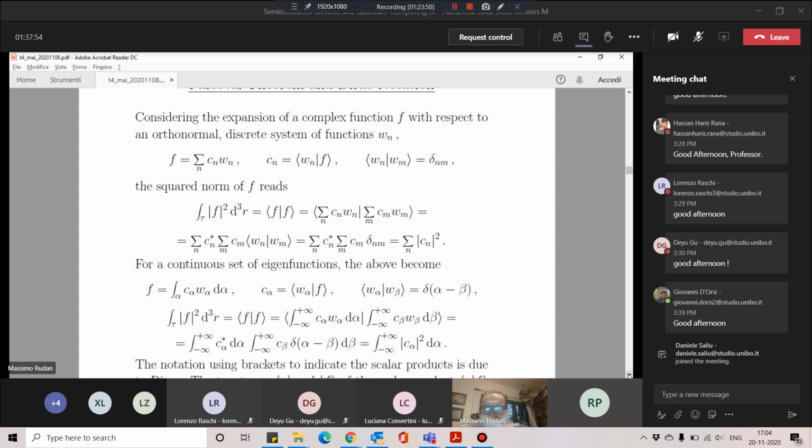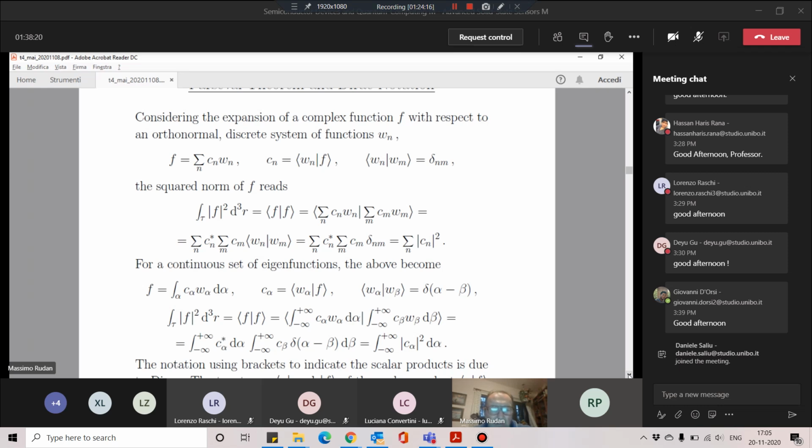That means that Wn scalar product Wm with a different index is 0, that is, they are normal to each other. When m is equal to n, we have that the square modulus of Wn integrated over the domain is equal to 1, that is, the function is normalized to 1.